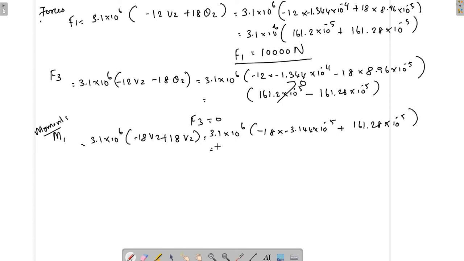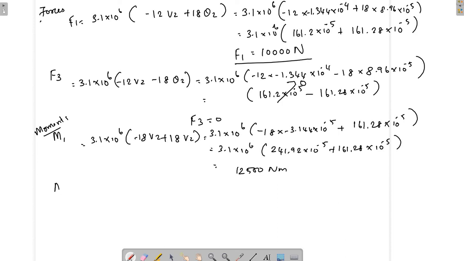So here comes 3.1 into 10 power 6, minus into minus plus 241.92 into 10 power minus 5 plus 161.28 into 10 power minus 5. So finally it is 12,500 Newton meter.